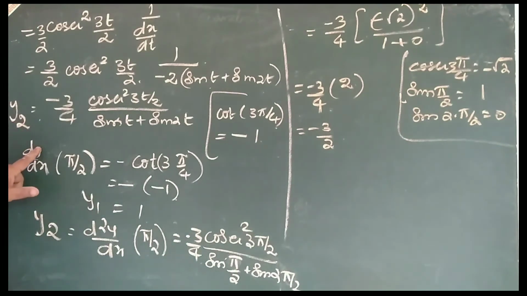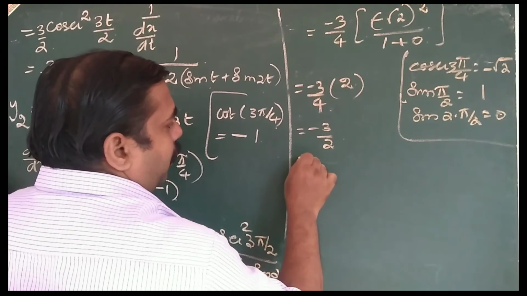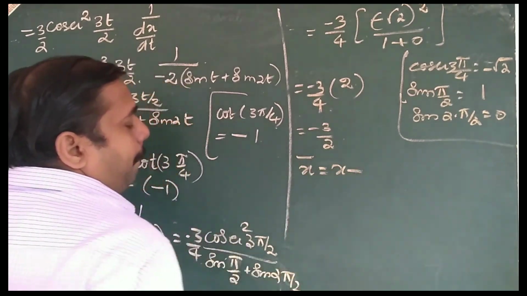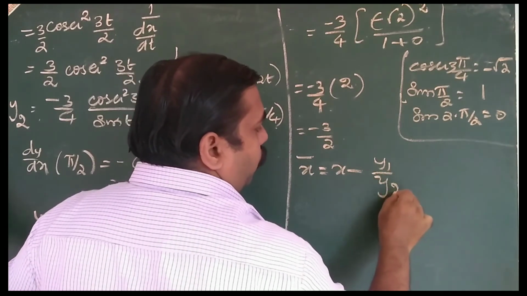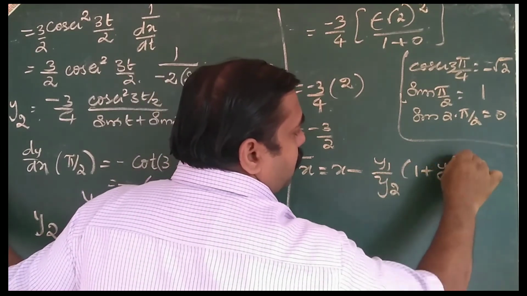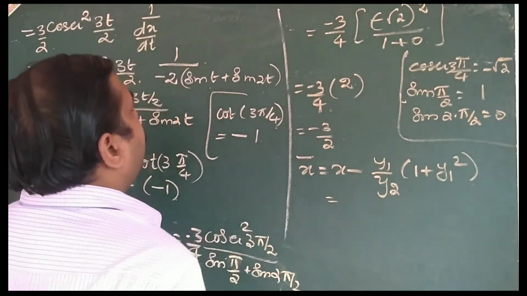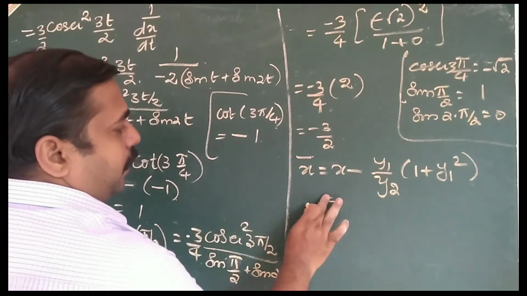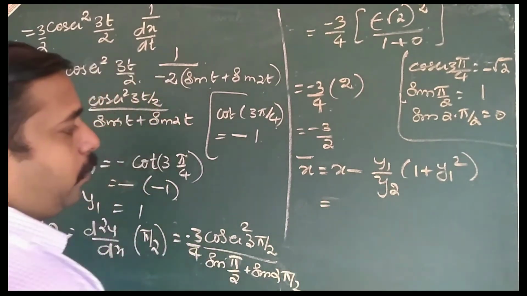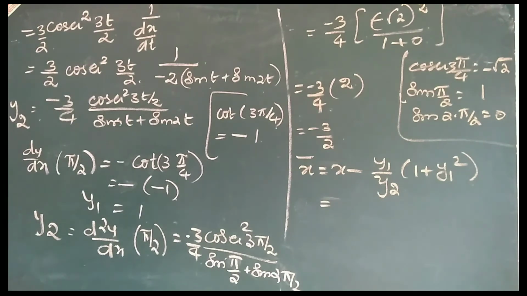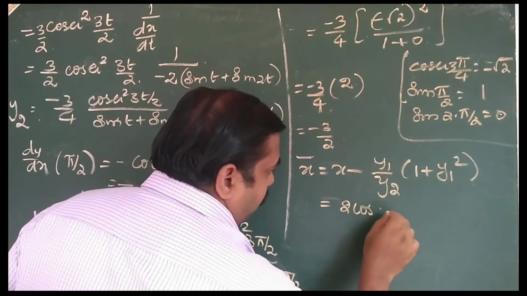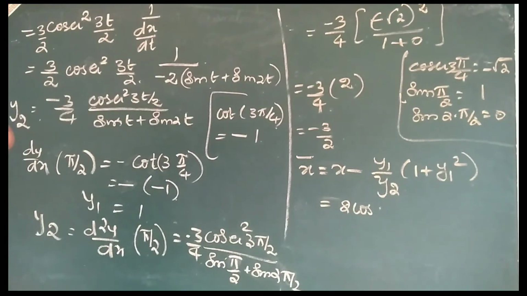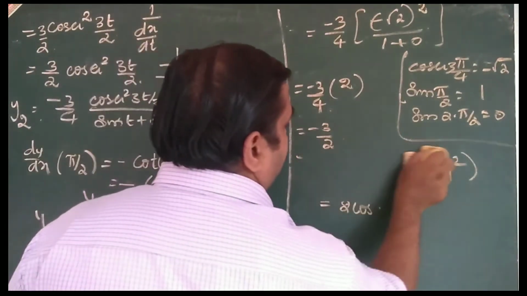Sin, that is equal to minus 3/2. So y1, now y2. Now we can apply the formula. What is x bar? x bar is equal to x minus y1 by y2 into 1 plus y1 square. What is x? The question, what is x? x is equal to 2 cos t plus cos 2t. Before substituting here, we can find x and y also.